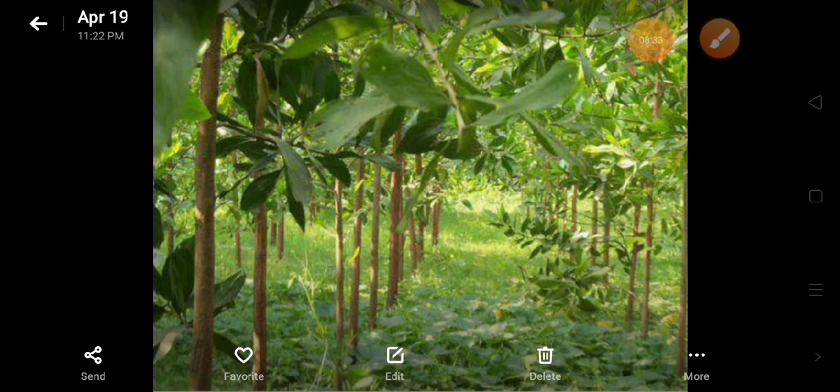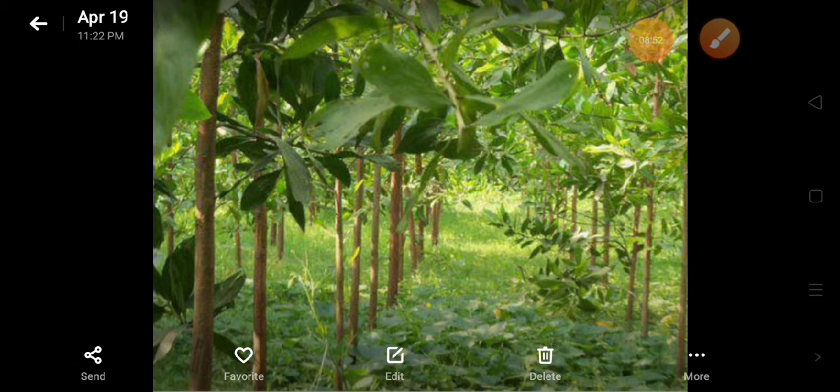And the trees that we can find in these areas are teak. Okay, you are shown on the screen.